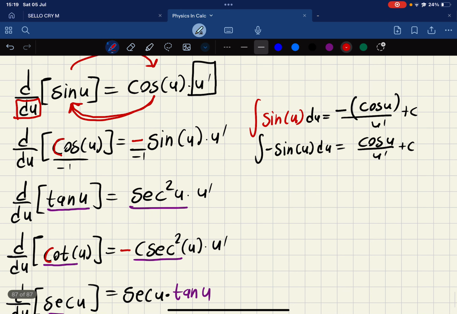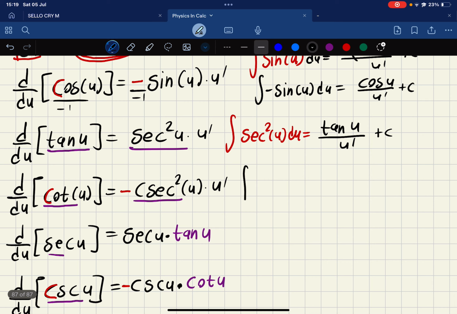So even here, this means that the integral of sec squared u du is going to be tan u over u prime plus c. Here meaning that the integral of positive cosec squared u du is going to be cot u.